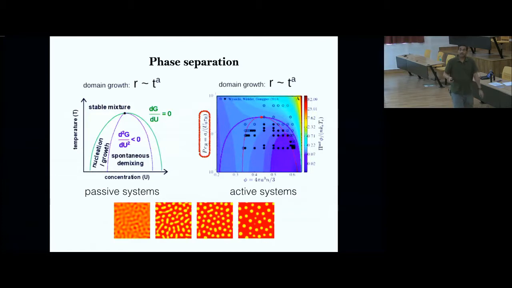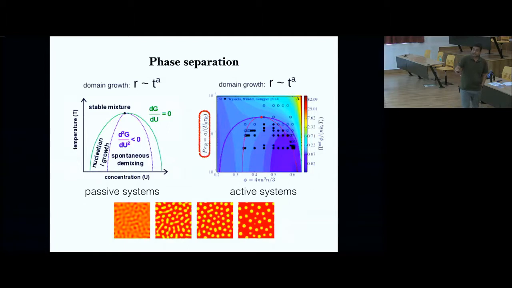Okay, and in analogy to phase separation dynamics in passive systems, where we think of temperature and some concentration or height of a thin film, which is de-wetting and so on, you can go from a stable, homogeneous state to this phase separating state.